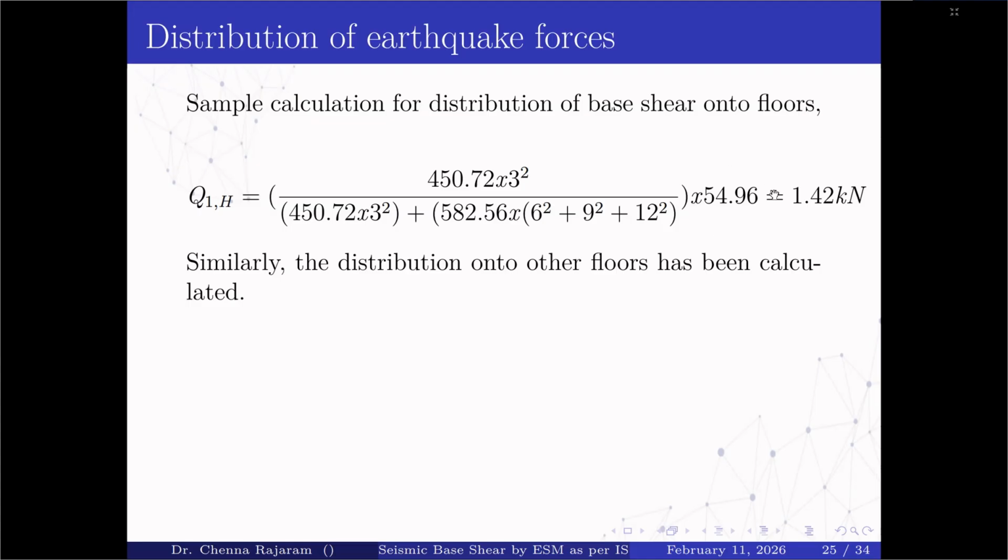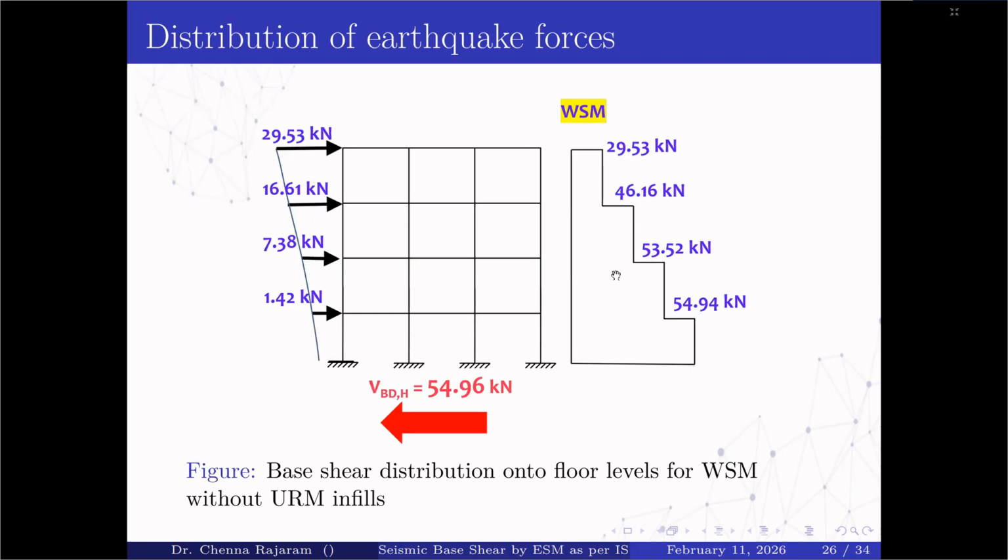So this 54.96 is the base shear value, which comes around Q equal to 1.42 kilonewtons. Similarly, the distribution onto the floors has been calculated in a similar manner to obtain the distribution of forces on each and every floor. So here this is the case without URM infills.